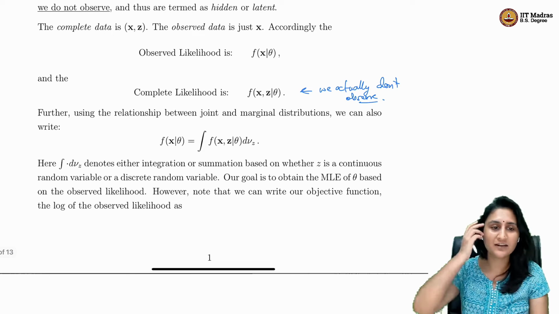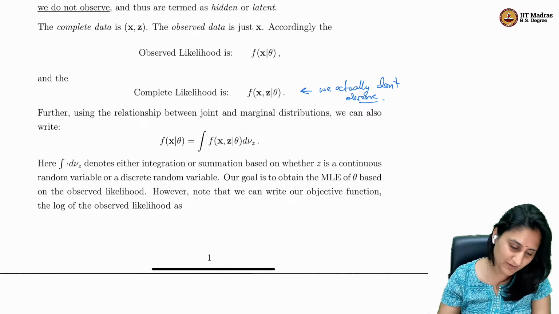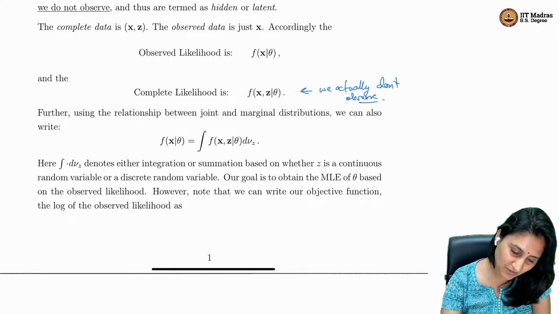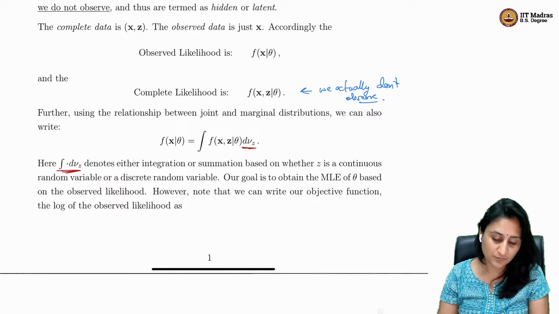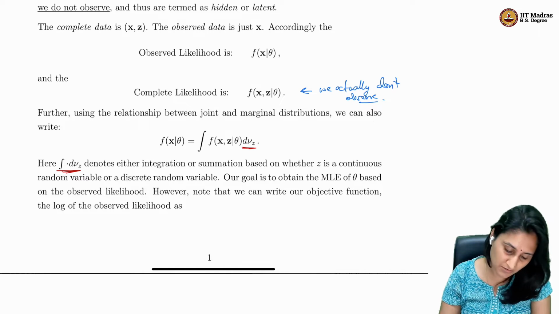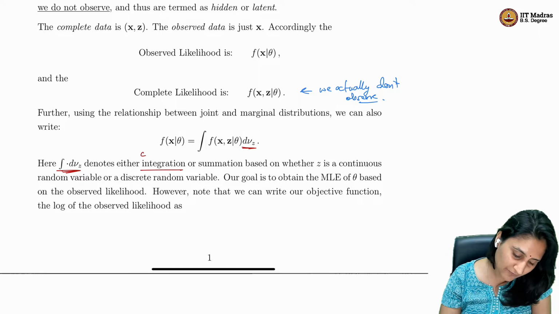So I want to integrate out z. Here's where there's a little bit of notational annoyance, because I am saying integral dz, which denotes either integration or summation, depending on whether I have a continuous random variable for z or a discrete random variable for z.